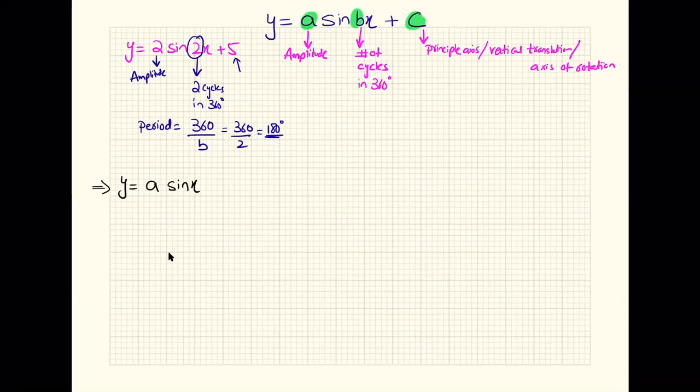So you are going to compare your graph with the basic graph, that is sin x. If I give you an equation of y = 2 sin x, you're going to compare it with y = sin x.